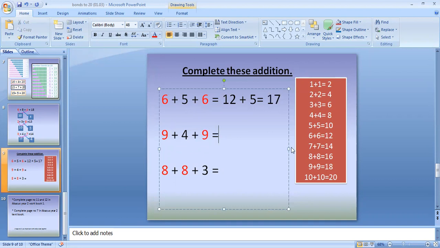Now, what about this? 9 plus 9 equals 18. Yes, 9 plus 9 equals 18. Plus, what is the remaining number?